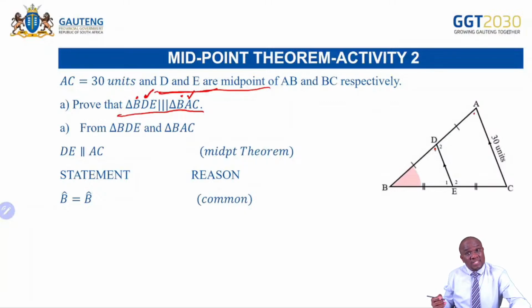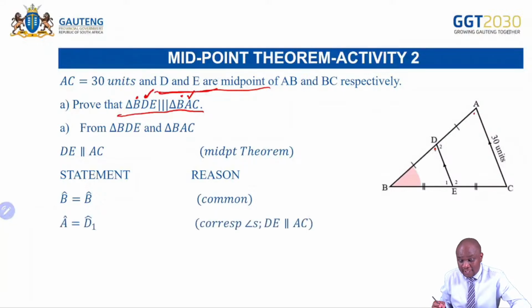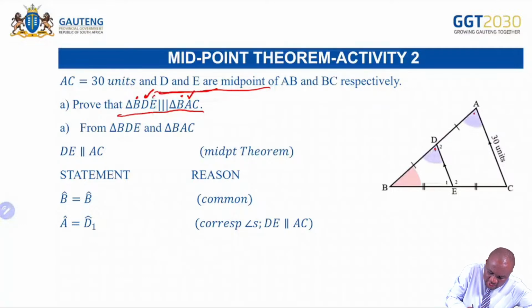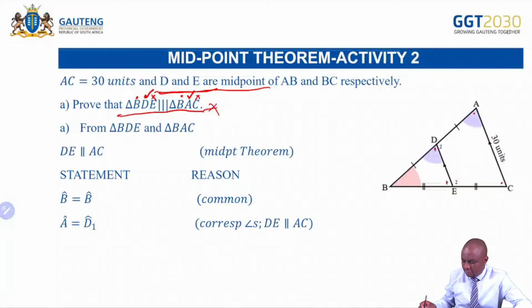They are equal because they are corresponding angles, because DE is parallel to AC. Then you come to E and C. E goes with C, so it should be E1 here and angle C there. Why are they equal? They are also corresponding angles. Once you're given this statement, it becomes very easy to prove similarity.